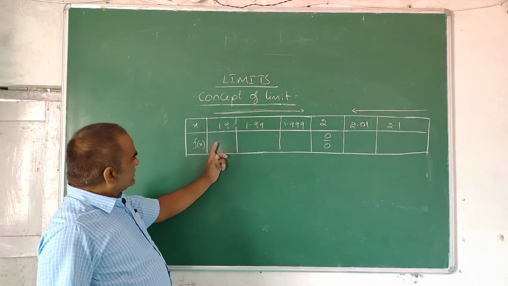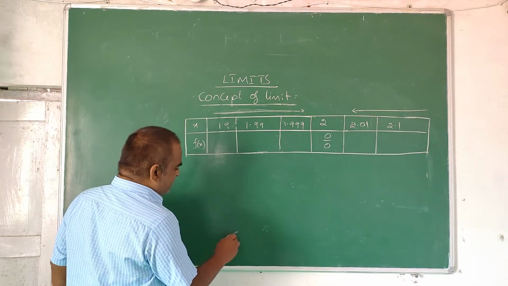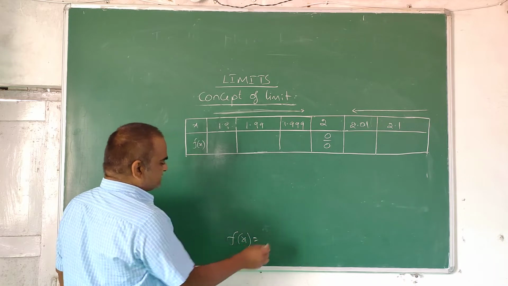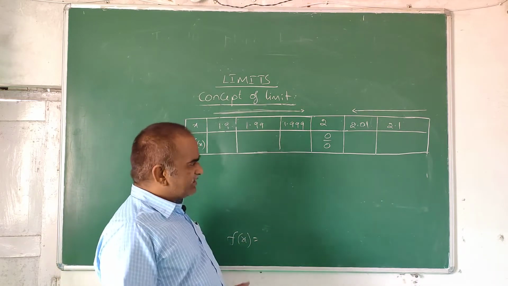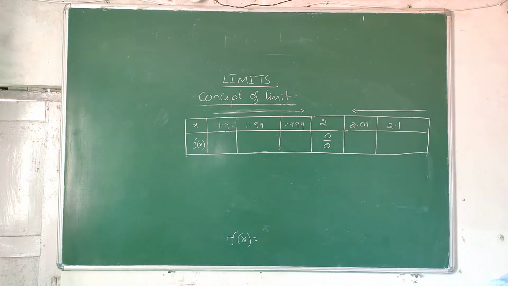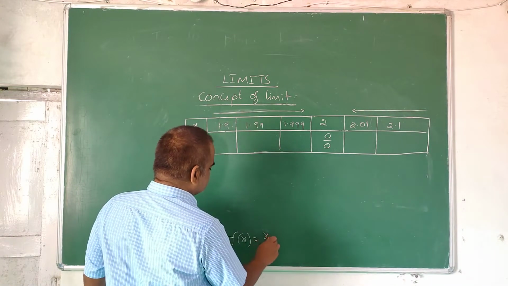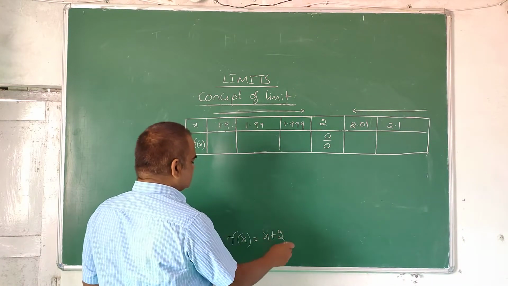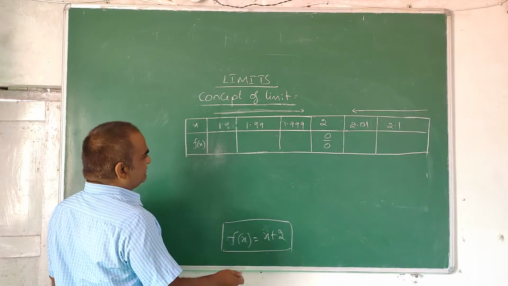Now, when x is 1.9, what is our f of x? Just now we have seen that f of x is x plus 2.